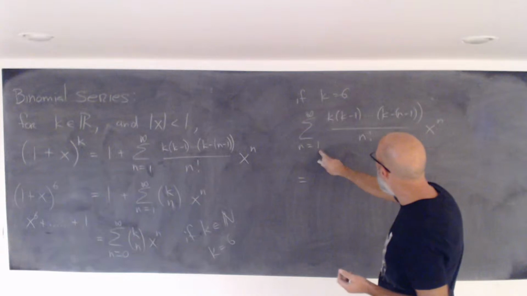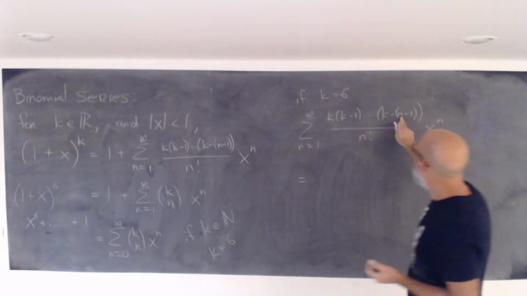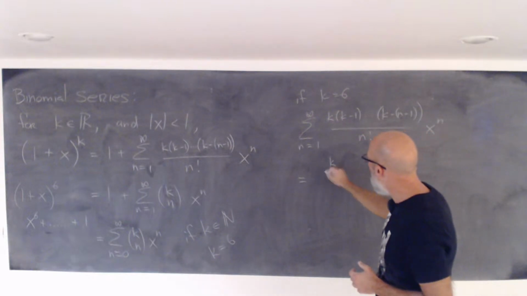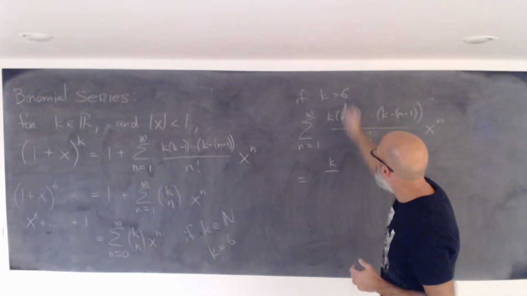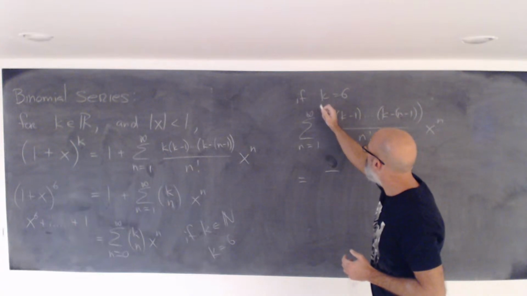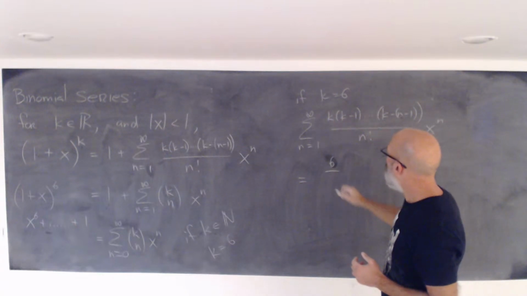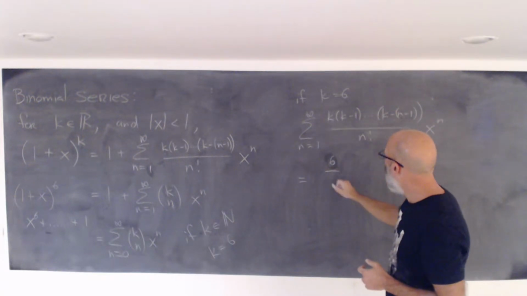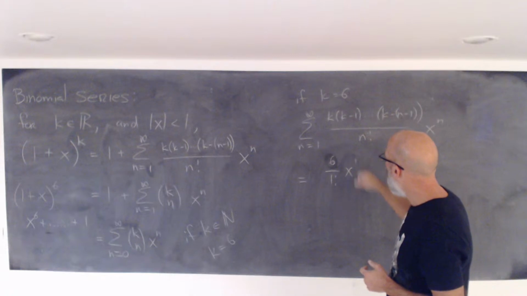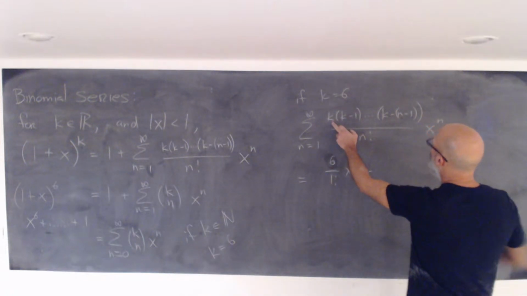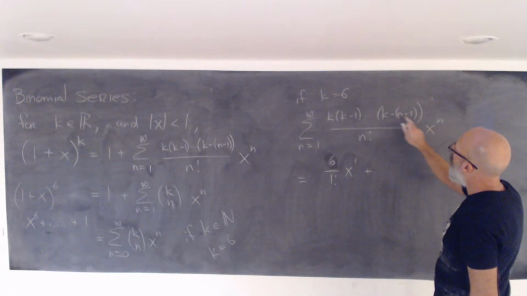When n is 1, n minus 1 is 0, so you're stopping at k. So it's going to be k over, well, here k is 6. So 6 over 1 factorial x to the 1. When n is 2, you stop at k minus 1.